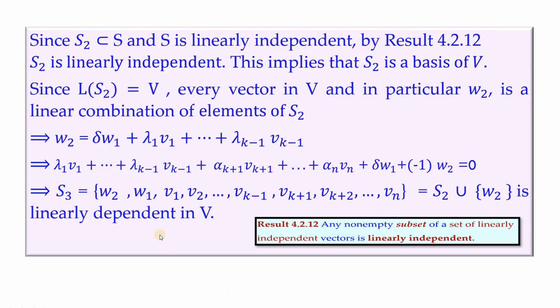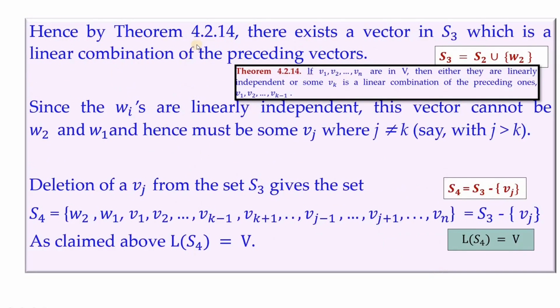So obviously, when we consider S3 to be this collection, S3 is nothing but S2 union singleton W2, and that becomes linearly dependent because there exists a scalar which is non-zero, but yet the linear combination is 0. So we get S3 to be linearly dependent in V. Now by theorem again 4.2.14, as this is linearly dependent, we can have a vector to be a linear combination of the preceding vectors.